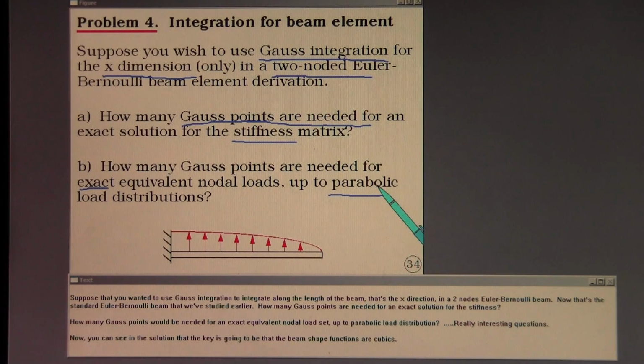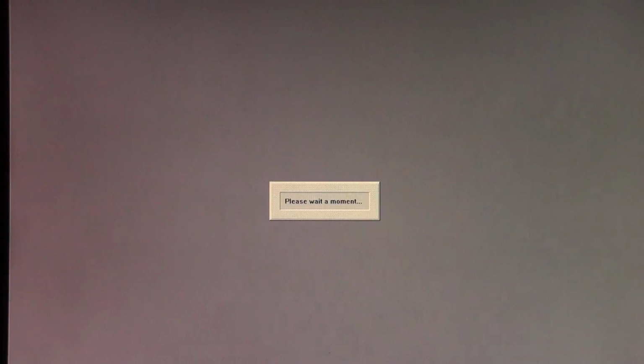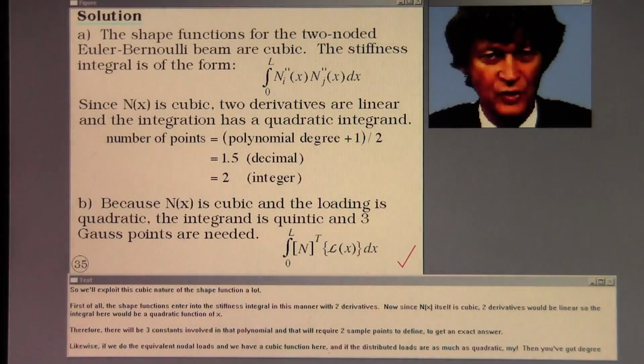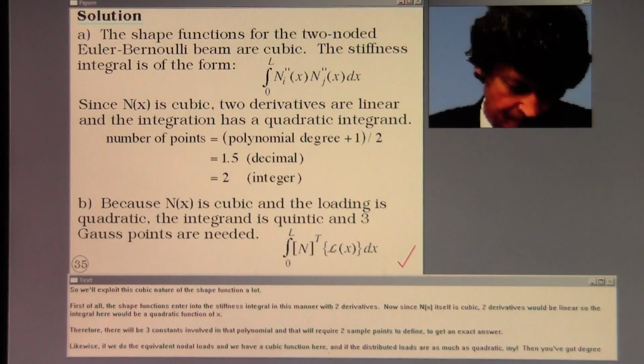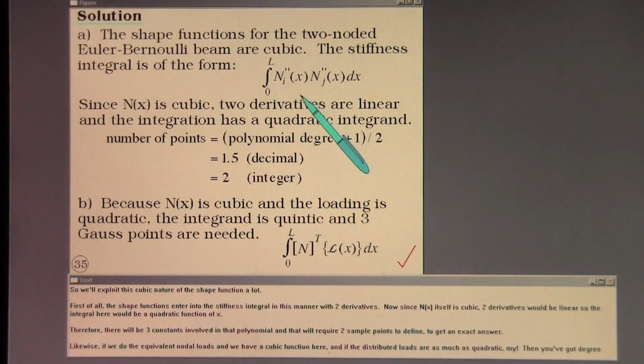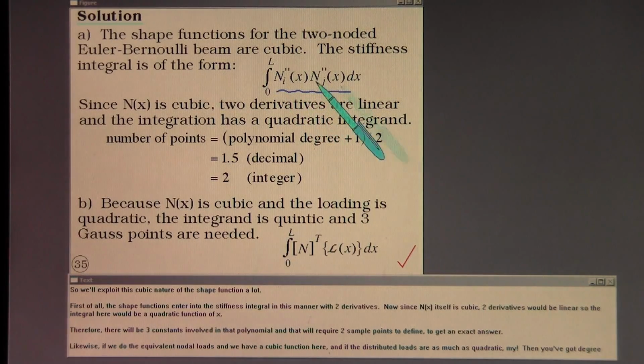Really interesting questions. Now, you can see in the solution that the key is going to be that the beam shape functions are cubics. So we'll exploit this cubic nature of the shape function a lot. First of all, the shape functions enter into the stiffness integral in this manner with two derivatives.